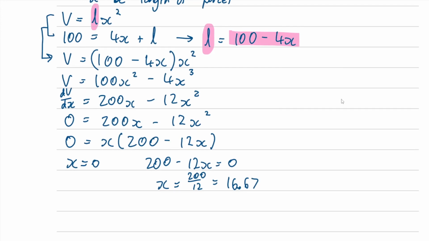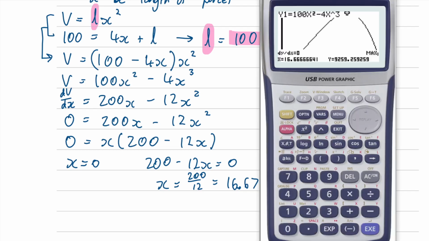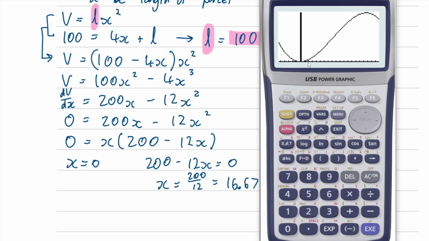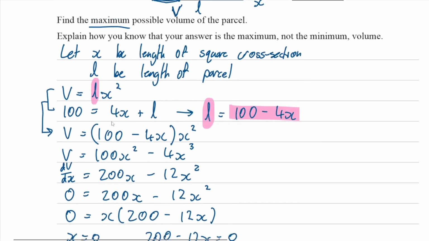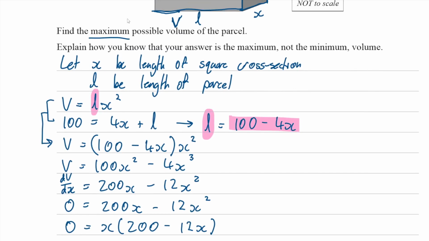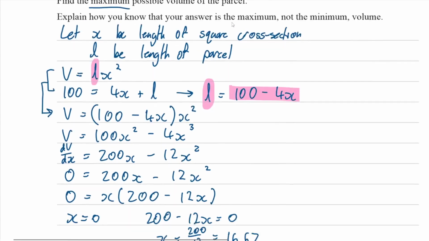Alright, so we have two possible x values. Again, back to our graph. We know that this point up here is when x equals 16.7. That's a maximum. And then we know that there's a minimum when x equals 0. So we found the x values of those turning points. Alright, but the question is asking us to find the maximum possible volume.